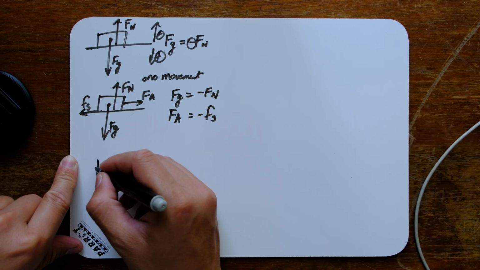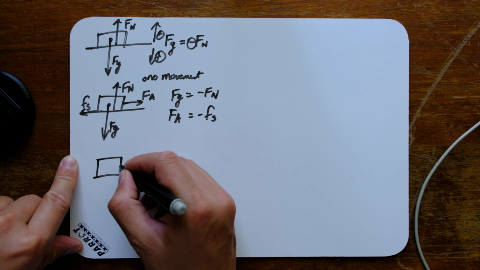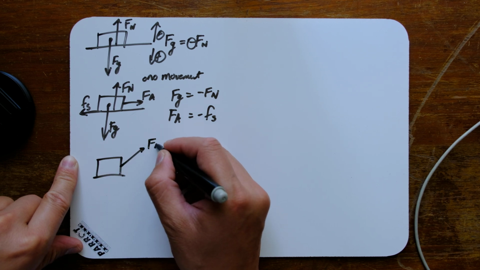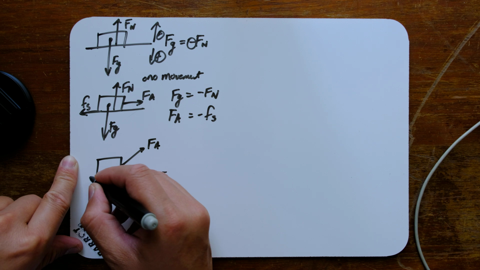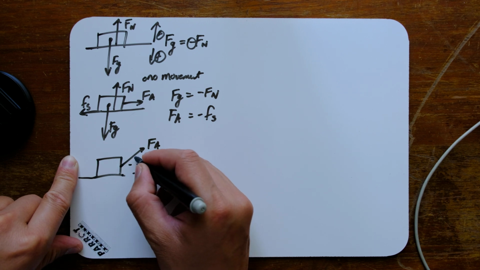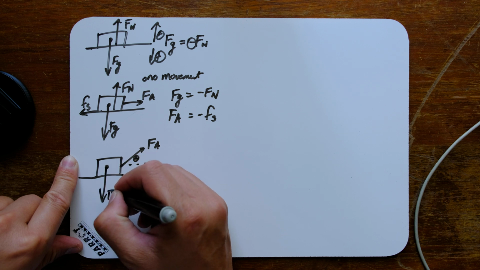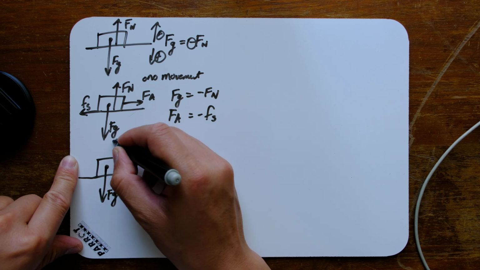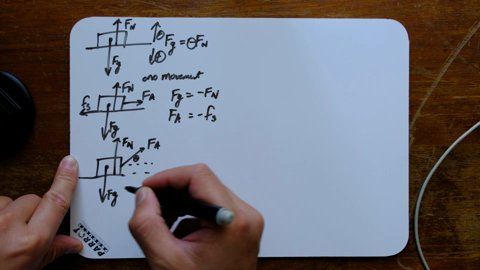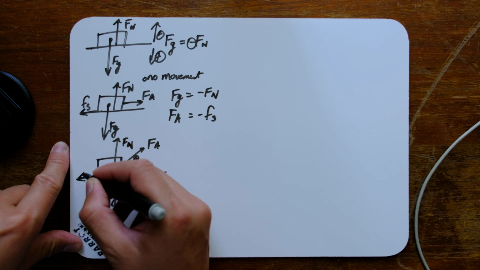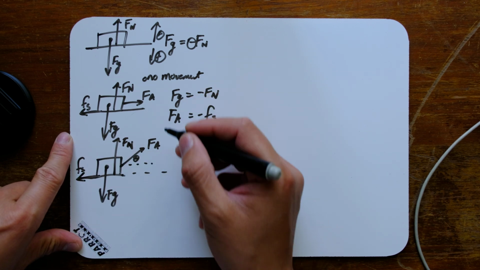Okay, so if we have that object but we have an applied force acting up at an angle theta, right? It still has a force of gravity acting down, it's still on the surface, so there's still Fn and there's still going to be Fs because there's no movement.